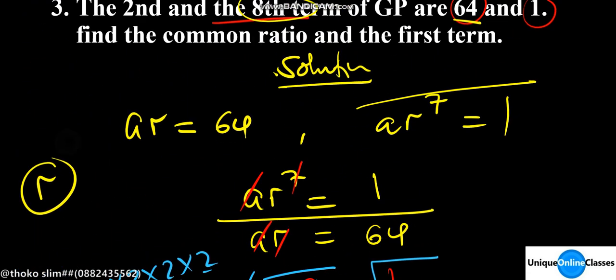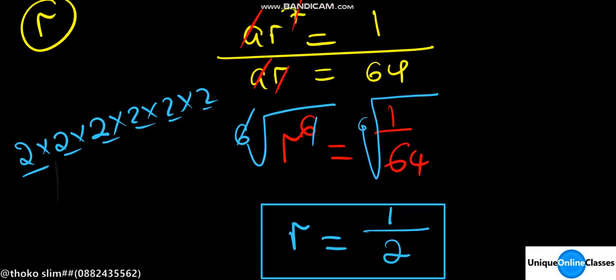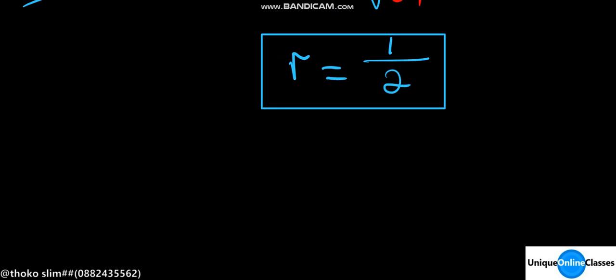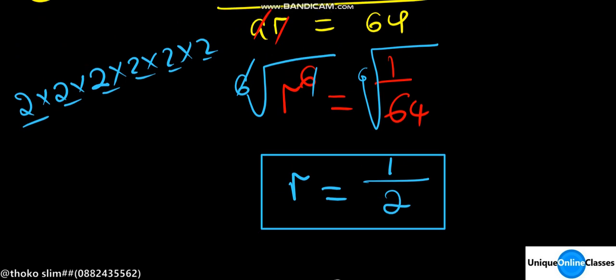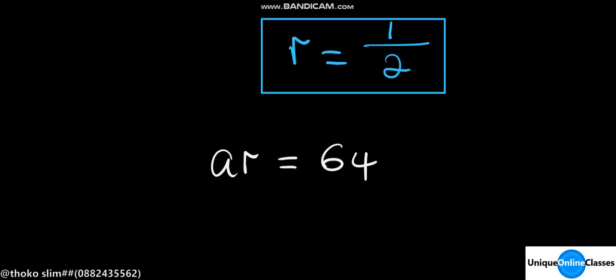We should also find the first term, so we can choose any of these. We have AR is equal to 64. For R, we put in a half.